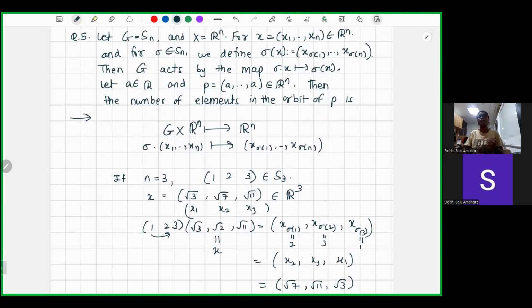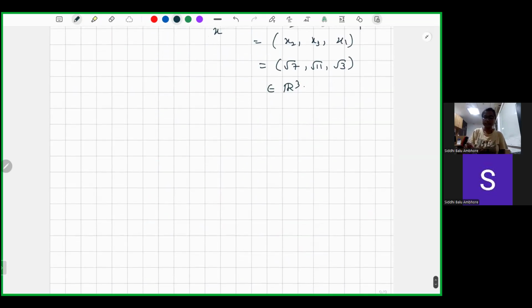Now A is some element in R, and P is filled with this A, each component is just the entry A. We have to check what will be the size of the orbit of this element. I hope you remember what an orbit was.